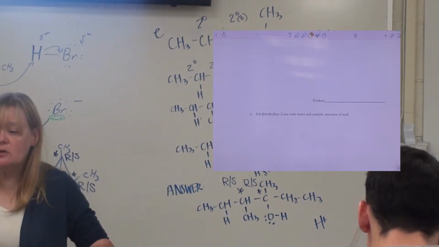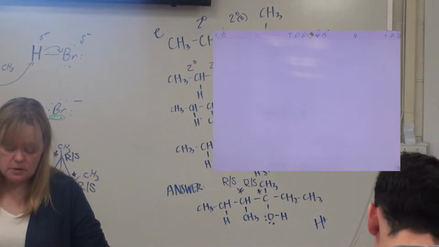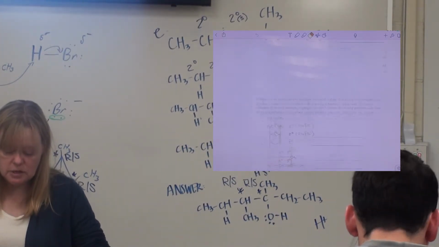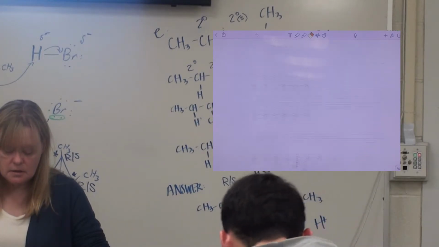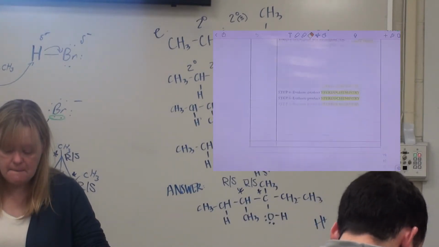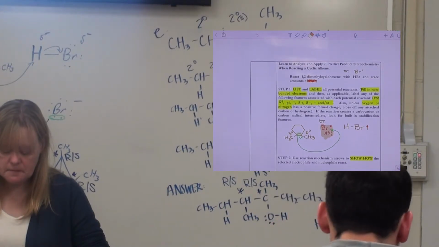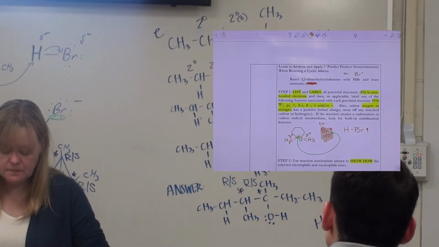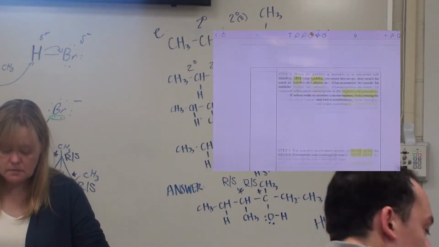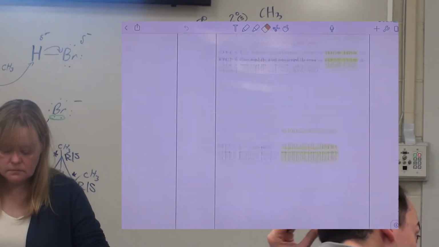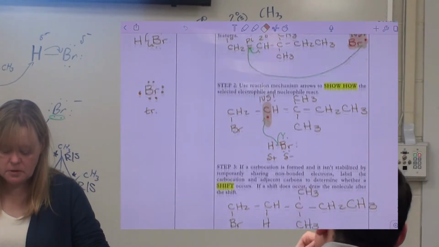That's how much I love you. Finish up 13. And I'll show you, though, how to do reactions with peroxides so that you can do those. You're clear on the homework?